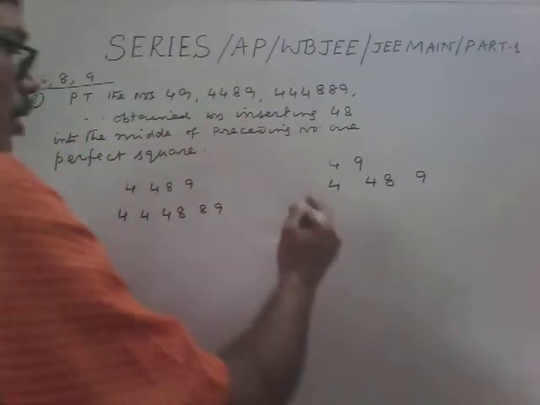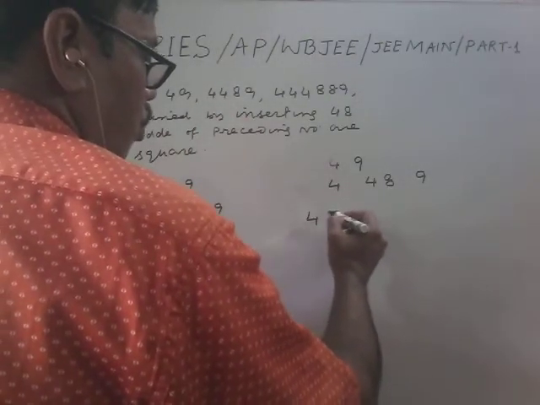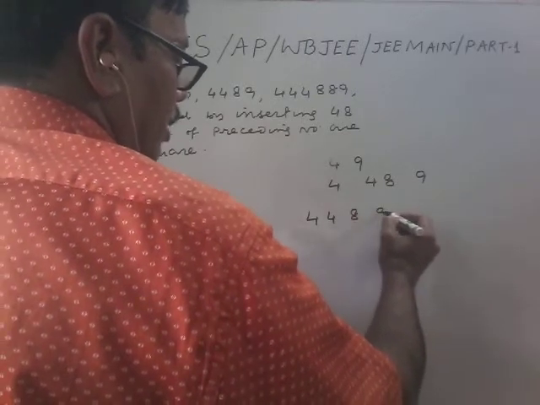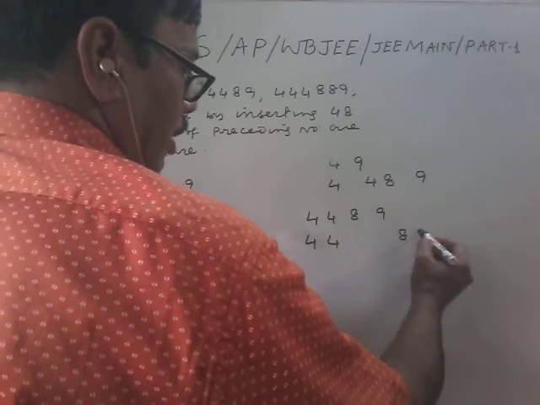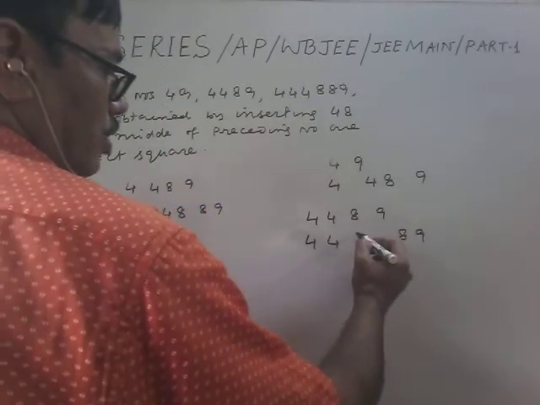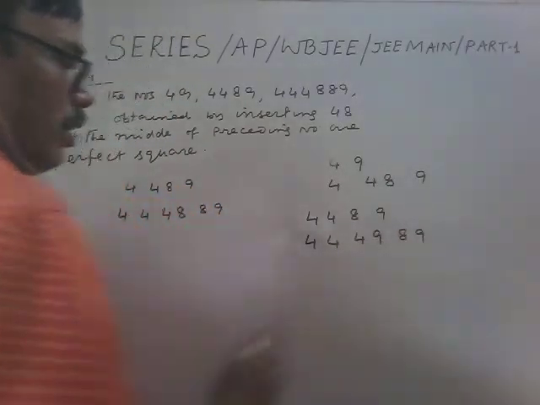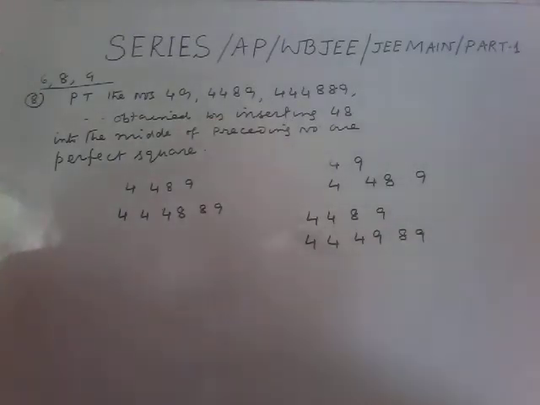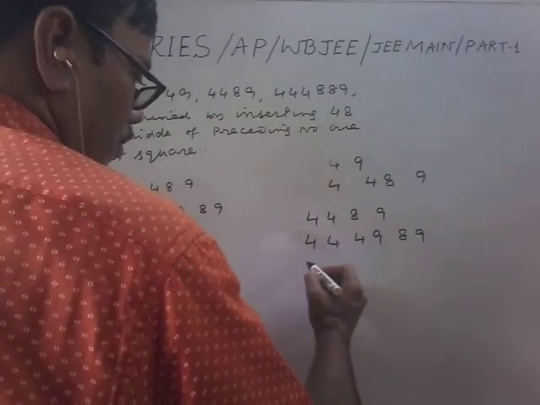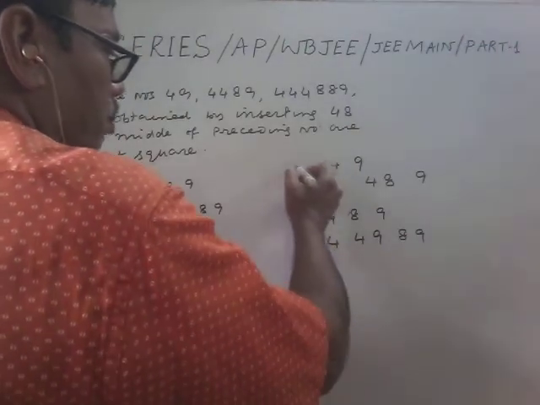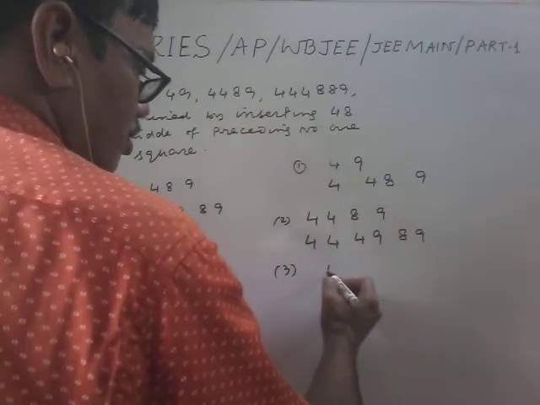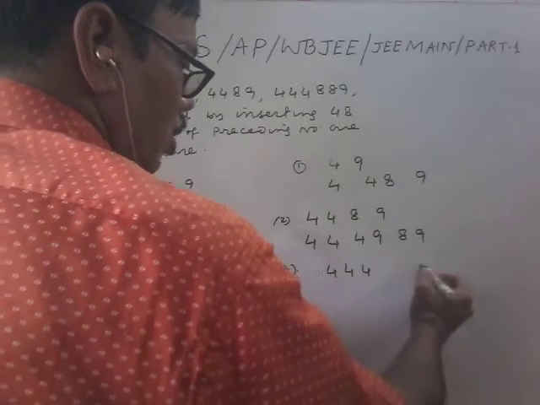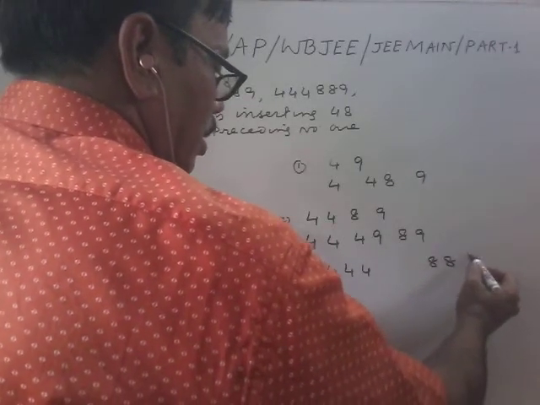So the second number is 4489. You have to insert 48 at the middle. Then again look, this is the first case, this is the second. In the third case, this is 444889.